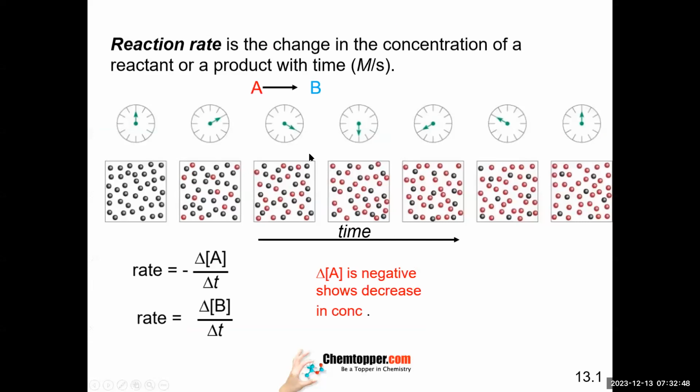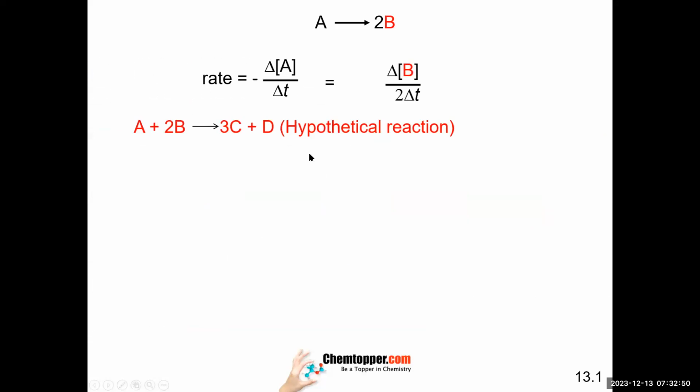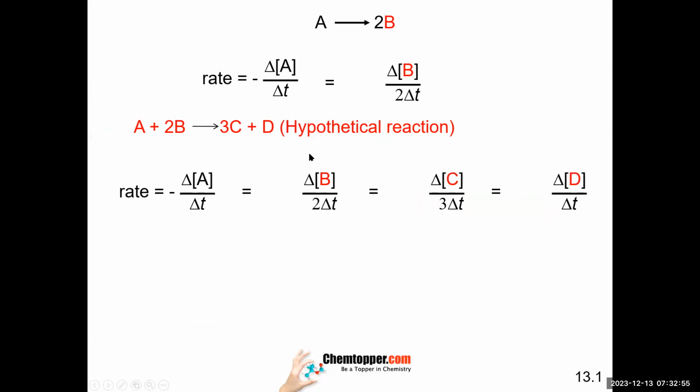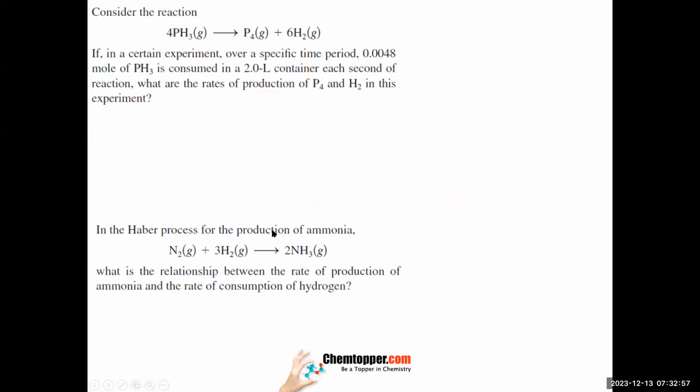And then we did some questions, how to relate the rate of appearances and disappearances of the products and reactants with each other. And I think we did these two questions. Am I right? Ariba, Aditi? All these things we did, right? We did these two questions, Anil?